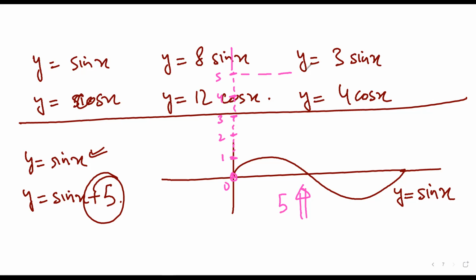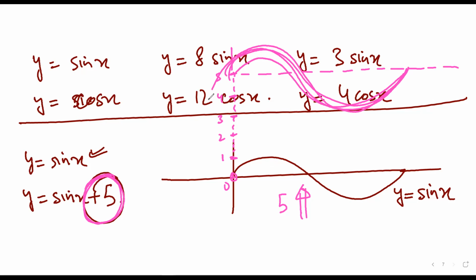Basically, what this plus 5 will do is it will raise the curve of this y is equal to sin x to here. This is how the new curve will look like. Is it making sense? I think you would have got an idea.